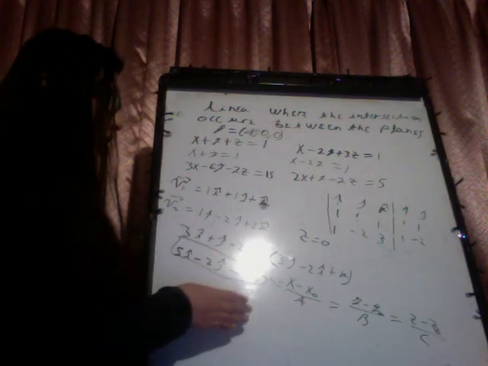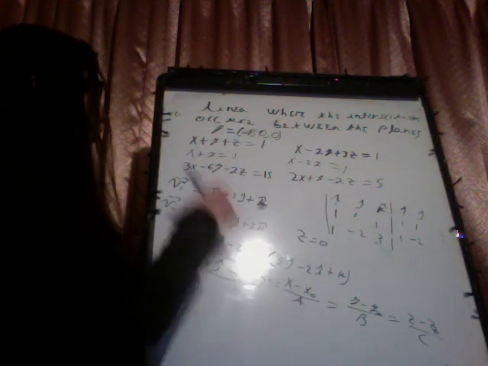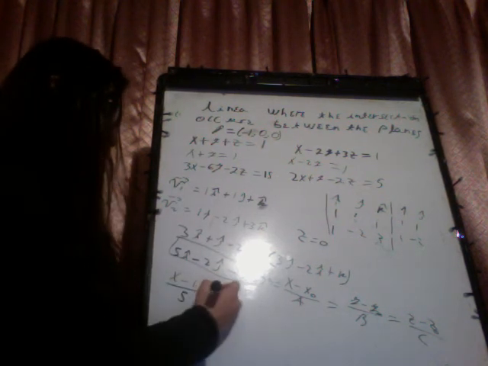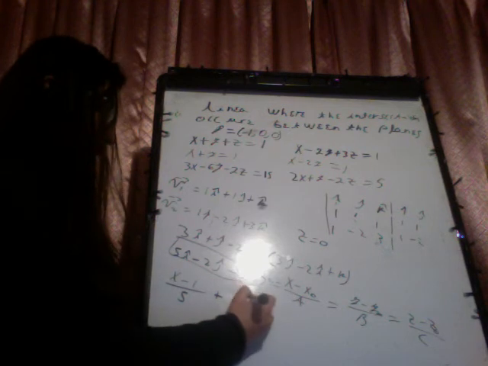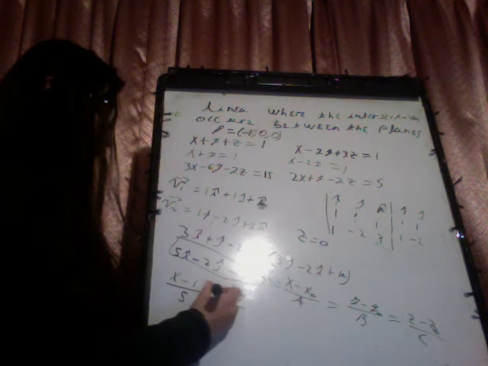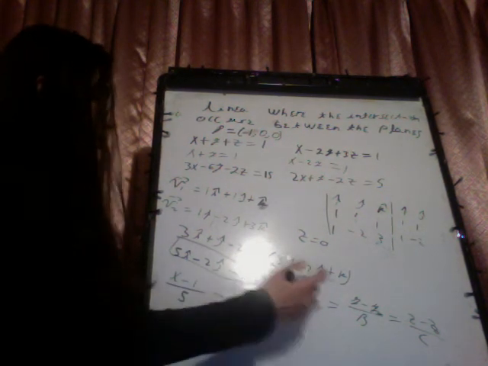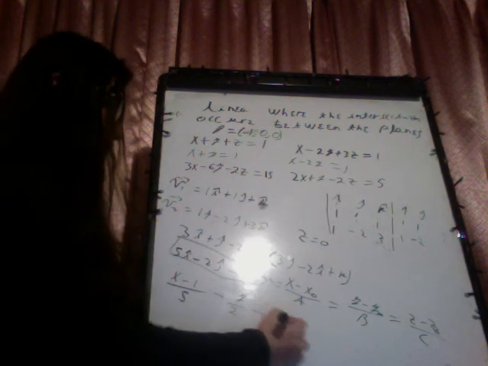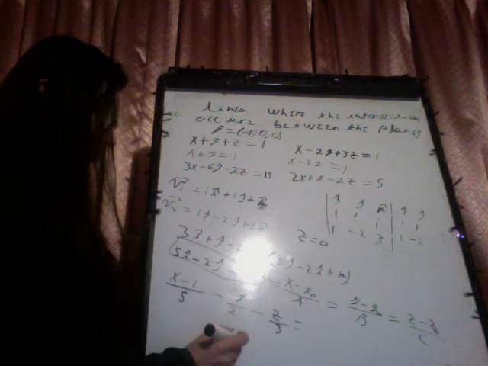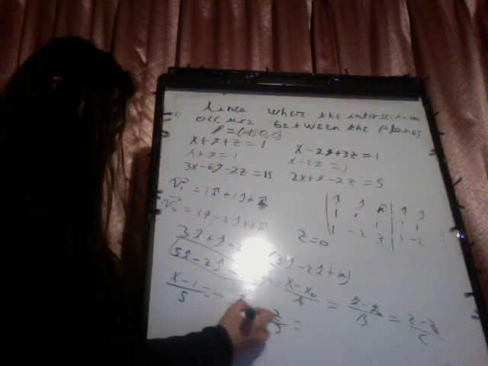Alright, so now we have x minus 1 divided by 5, plus y minus 0 divided by minus 2, so I will put minus 2, minus c, that's 0 divided by 3, equals.